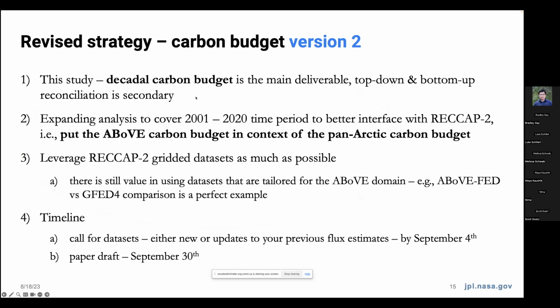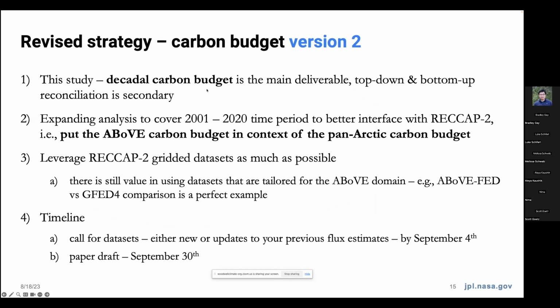The good thing with this Recap permafrost study is that it now provides us with a lot of ammunition and a lot of data sets that we can tap into. More importantly, it helps us put the carbon budget for the above domain in context of what the Panarctic carbon budget looks like. As I've been working more on the permafrost study and switching gears to this one, I'm starting to push this more into a decadal carbon budget study.